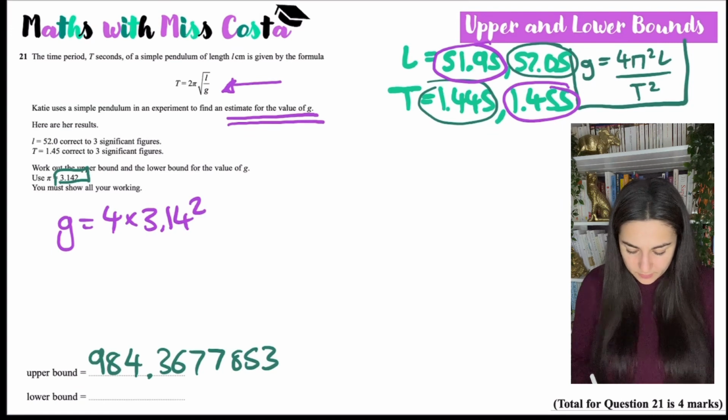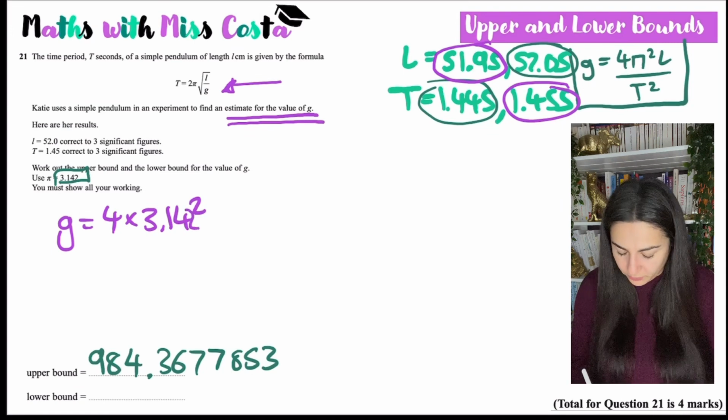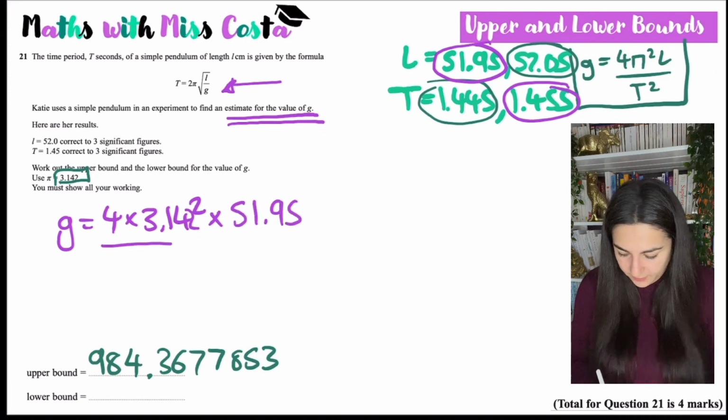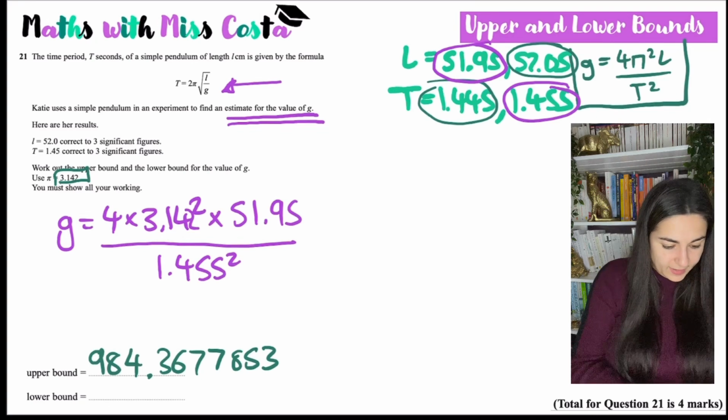I put pi last time. I should have put 3.142 times by L. And what did I say I was doing? I said I was doing the lower bound, right? Yeah, 51.95 divided by, what is it, T squared? So 1.455 squared. So let's type that into the calculator.